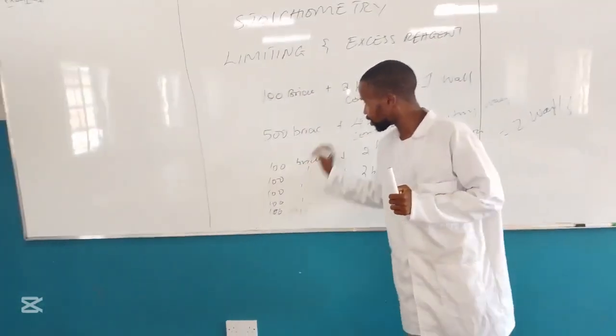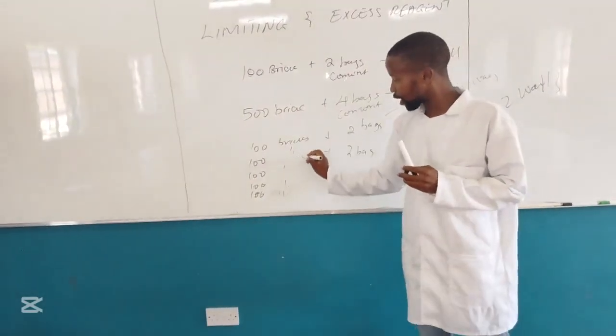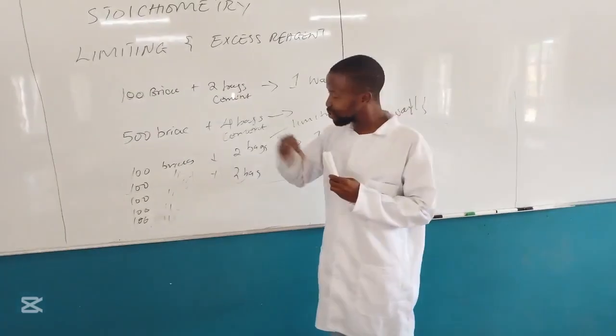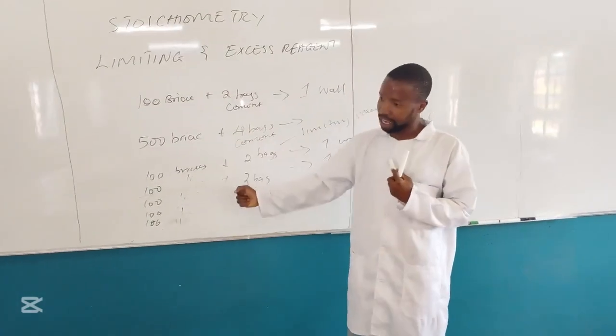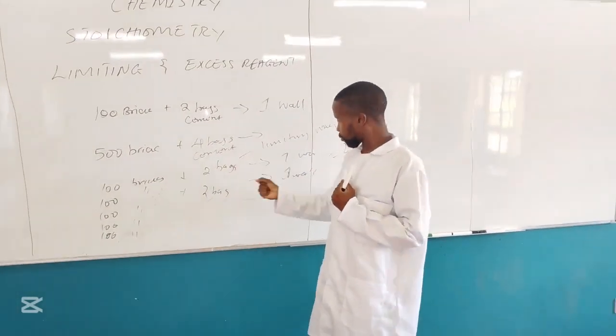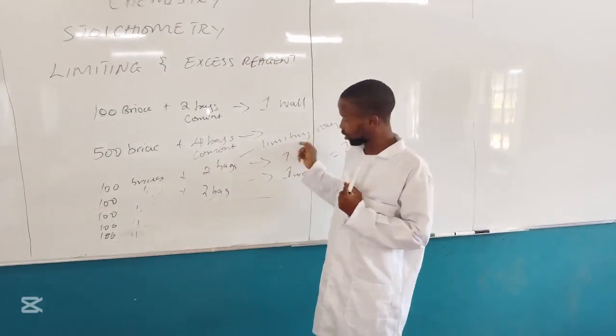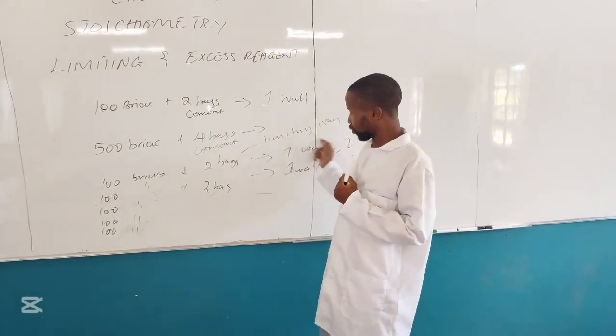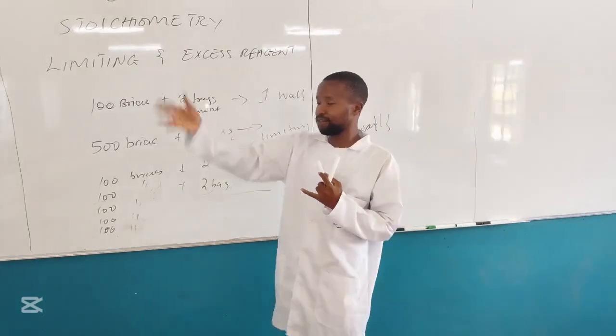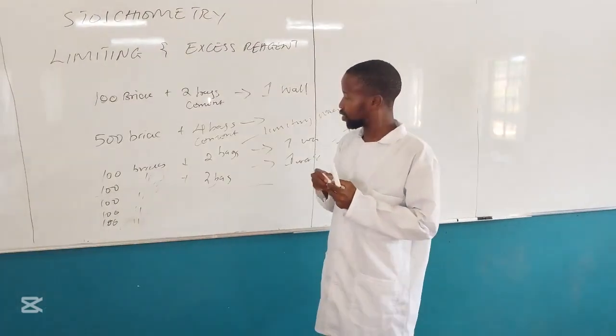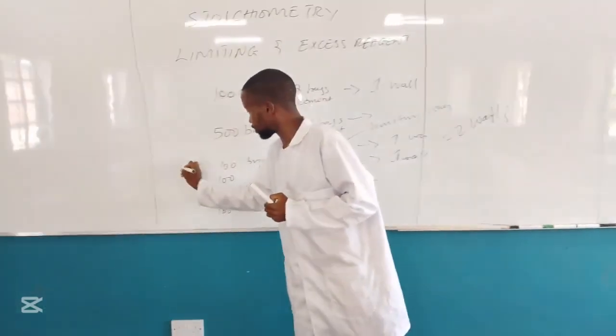The bricks are our excess reagent because they are still remaining after we build the walls of the fence that we want to build.